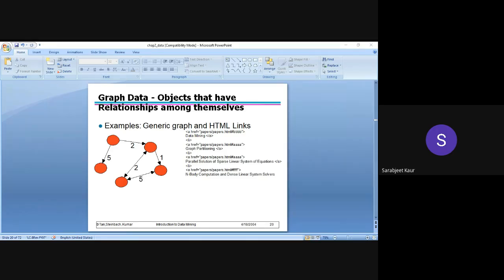Sequence data is the data where the ordering of data matters. For example, on the screen you see the 4 basic nucleotides of human genomic data.